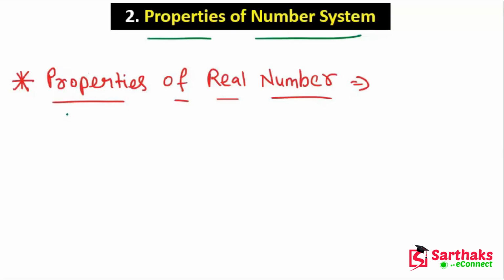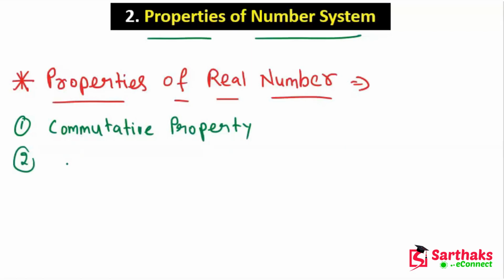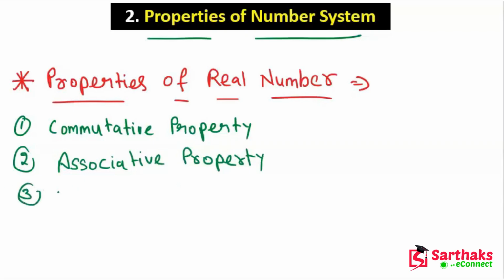There are four main properties of real numbers. First is commutative property. Second is associative property. Third is distributive property.